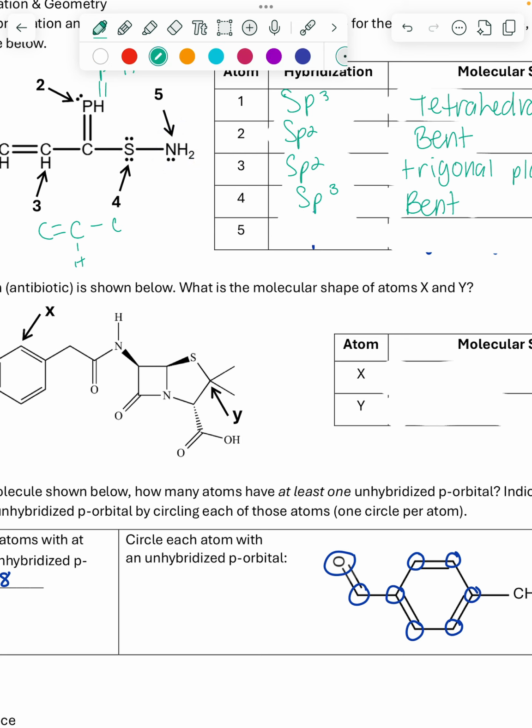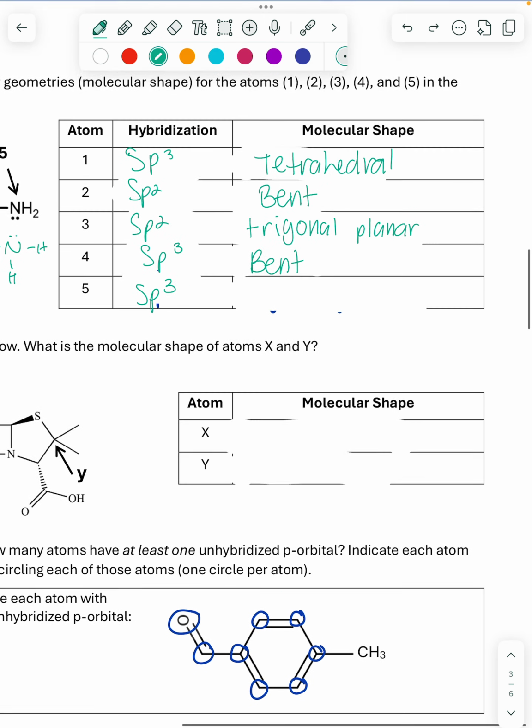To draw out these bonds, it has 1, 2, 3, 4 electron pair domains, so it's sp3. It has 3 bonds and 1 lone pair, so that means it's trigonal pyramidal.